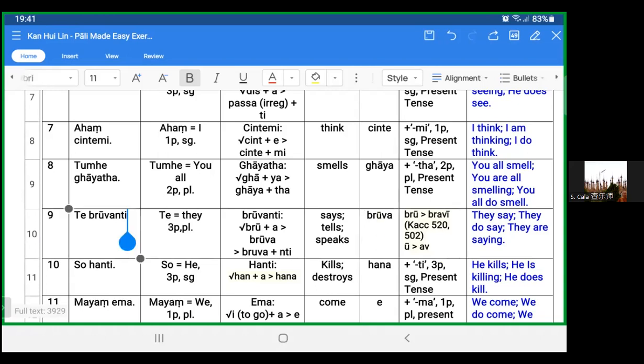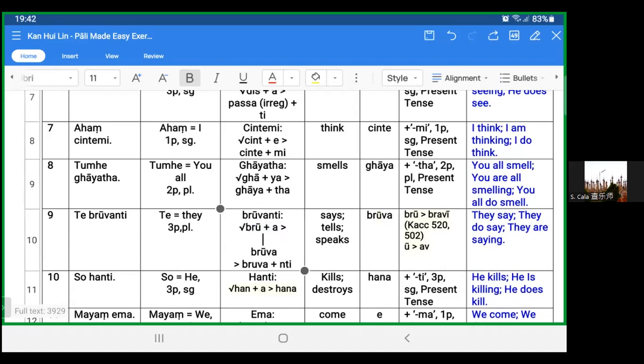All right. So you can see brew plus a. This v is kind of an insertion. So I write here again. You have the brew and a, and in between you can put an insertion of v. Because if not, two vowels crash together.